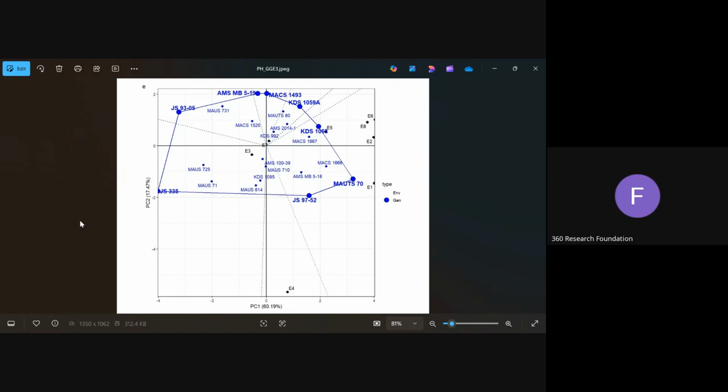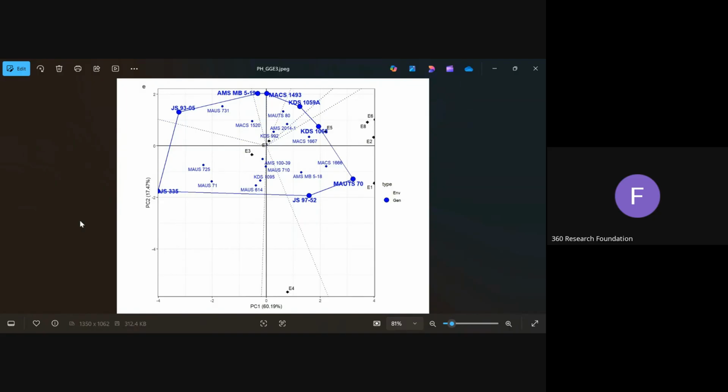If I want this statement in a positive direction, they are highly variable. If you want to interpret it, the genotypes on the line of the polygon are more responsive, and they contribute strongly to the gene-by-environment interaction.